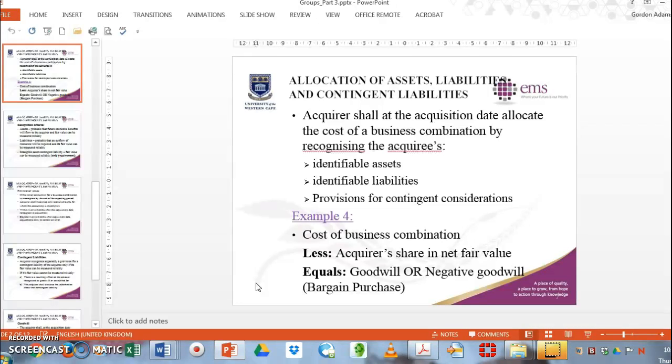In session A, we dealt primarily with establishing the cost of the business combination to the acquirer. In this session, we will deal with establishing the fair value of the assets and liabilities being acquired by the parent.